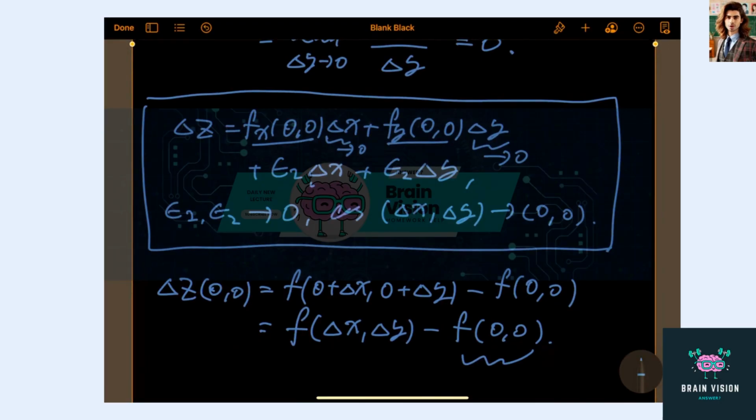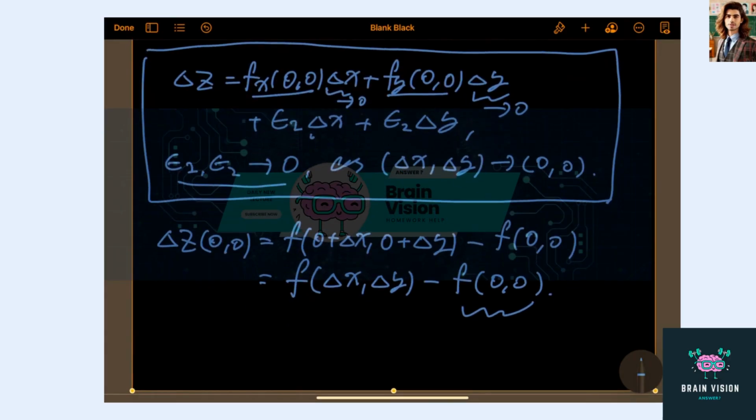If a function is differentiable at (0, 0), this condition also needs to be satisfied. That means that if a function is differentiable, then as we take the limit of delta z as (delta x, delta y) approaches (0, 0), the expression of delta z must also approach 0.